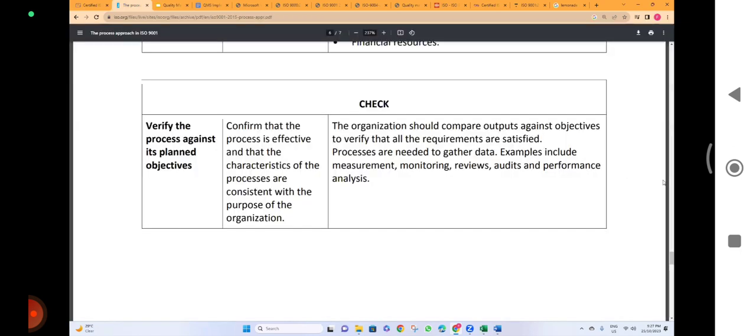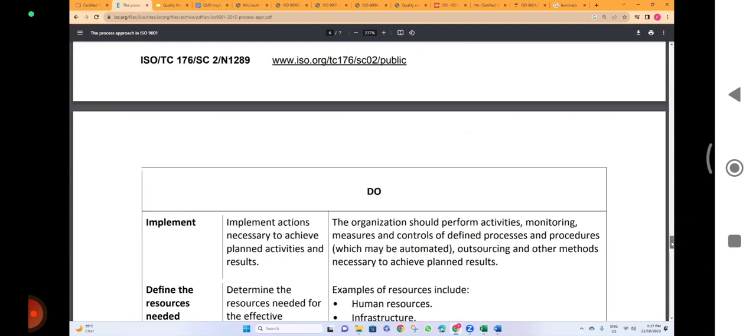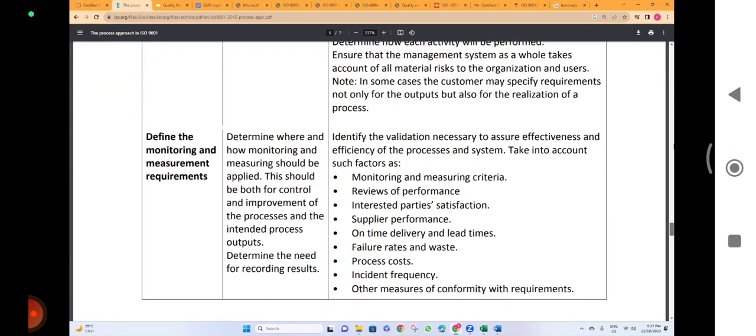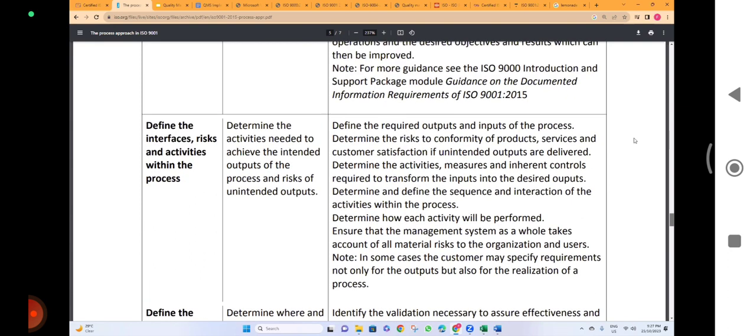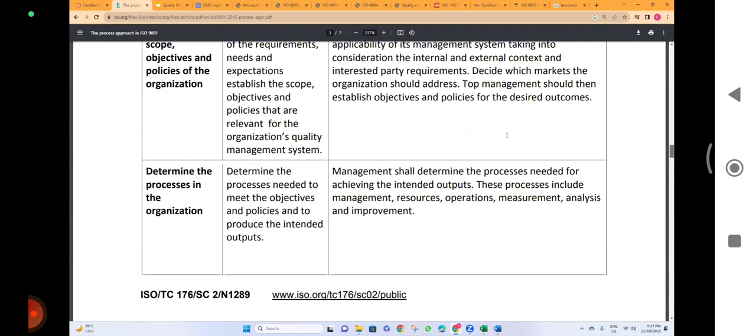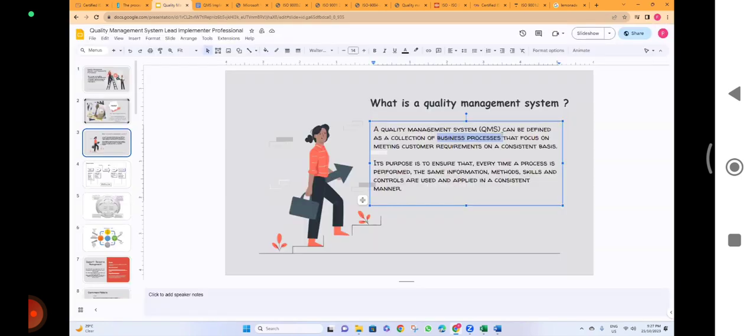Why do you hope so? Because at this point you have implemented and you have also planned. During the planning stage, you set objectives: how would I like to improve the current business processes? Once you identify those needs for improvement, you implement it.